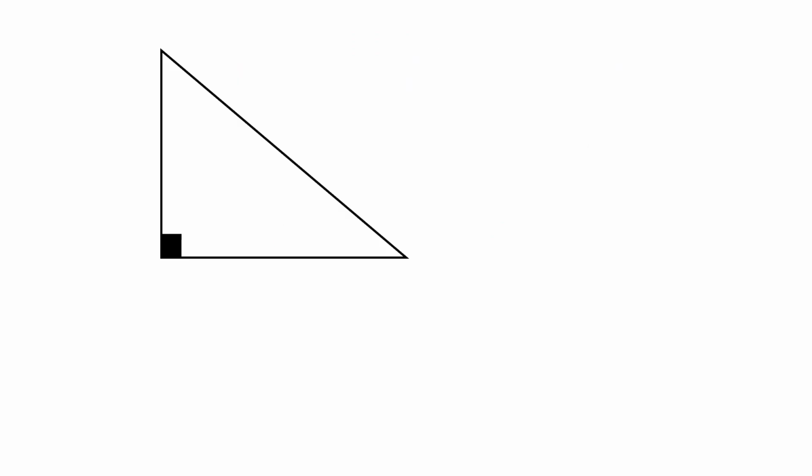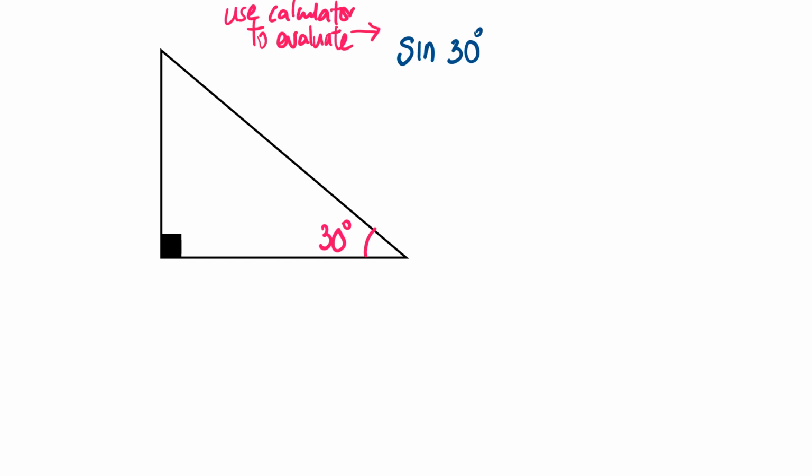All right, again, let's start off with a right angle triangle, because the trigonometrical ratio can only be applied on a right angle triangle. So let's say we're interested in this angle 30 degrees, and we want to find the ratio for sine 30. Right, so you can use the calculator to evaluate sine 30, and you will get half.